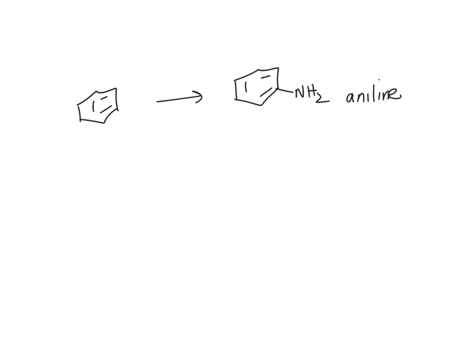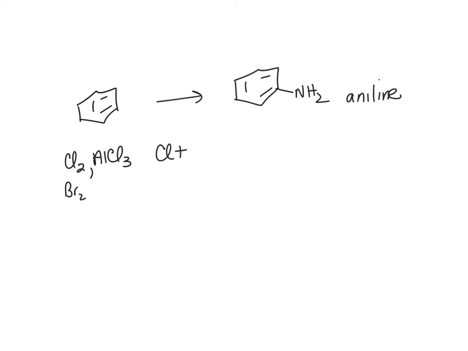The first thing: you don't know how, there's only so many reactions you know how to do. Let's think about this. You know how to put chlorine on there. Okay, so you use a Lewis acid with chlorine, that'll give you the chloride. Okay, you have these in your POGIL, or you could do bromine, right?